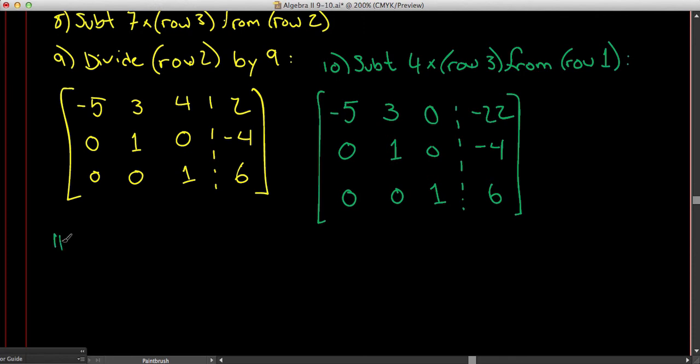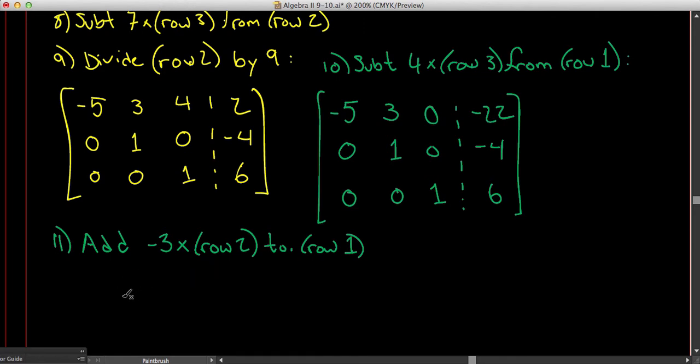So add -3 times row 2 to row 1. And then this will eliminate the 3 in the second column of the first row.